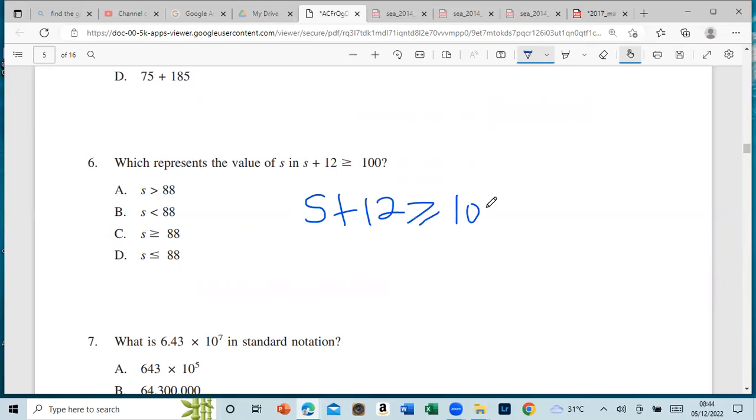So we take the inverse. So it will be 100 minus 12, and that gives us 88. So that could also be C. Read them very carefully, guys.